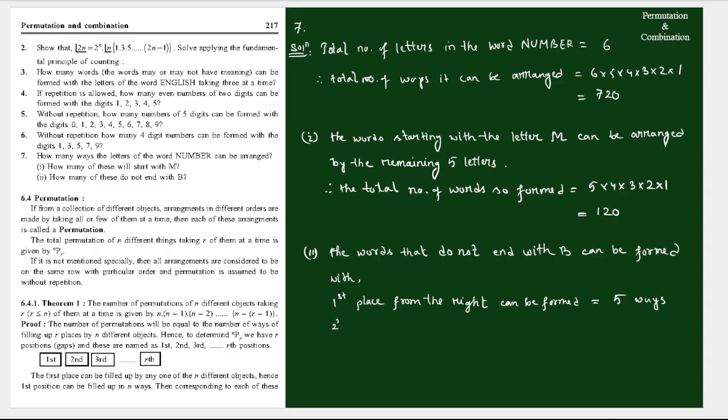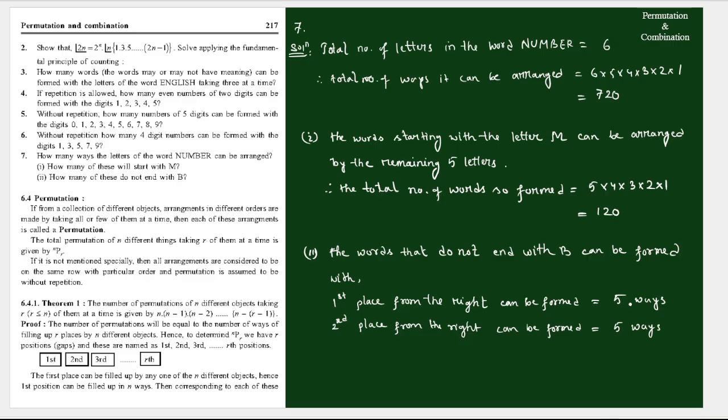Then the second place from the right. B is how many now? The second place can also be done in 5 ways, right?